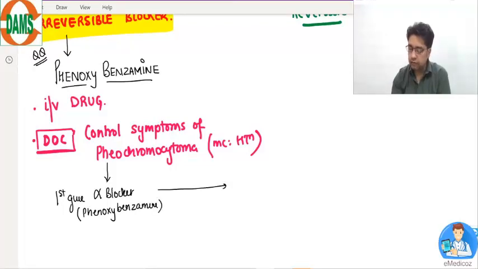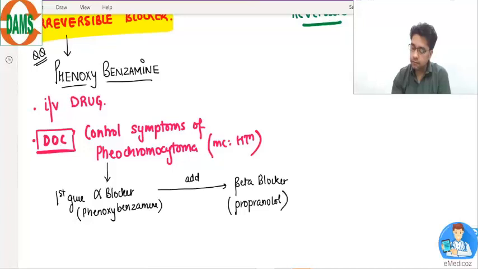And then we add beta blocker. That beta blocker which we add is propranolol.